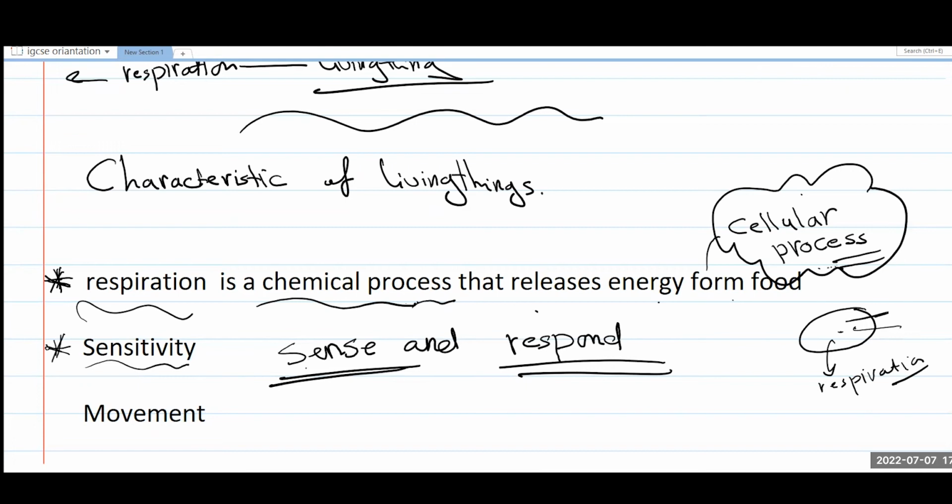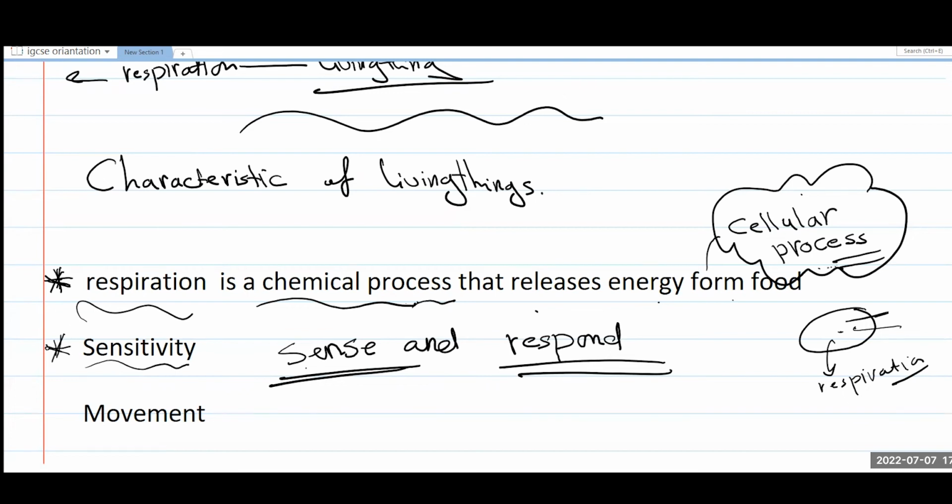So here the plant is sensitive to light because it responds by growing towards the light, right? If you hold a hot object, fast you remove your hand. This is sensitivity, because there is a stimulus which is a hot object, and your appropriate response, an involuntary movement, is to quickly remove your hand so you will not be burned. This is a sensitivity, right?